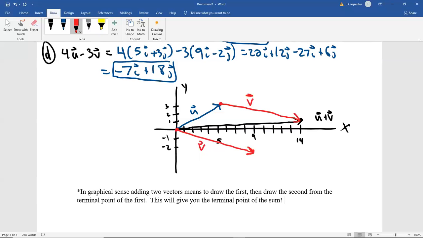If you wanted to subtract them, that just means that the v is going in the opposite direction. This is less interesting for us. You would draw the u, and then you would draw the v in the opposite direction. So instead of going right 14 and down 2, you would go left 14 and up 2. If I went left 14 and up 2, I'd end up over here at -9, comma 5.